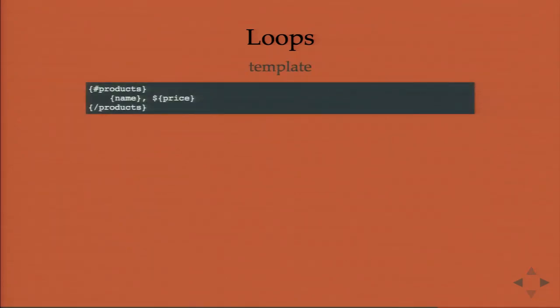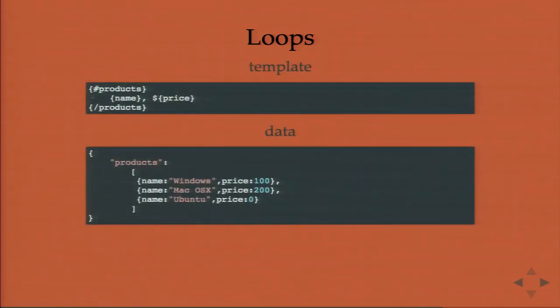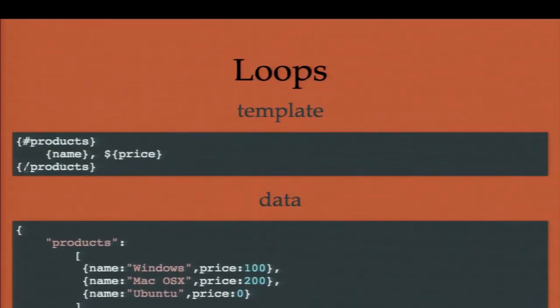However, this library also supports programming logic as well. It supports things like loops. What loops let you do is, in your document template, put this handlebar notation in that says, and the hash at the start of the products line here means loop round the JSON array of products.